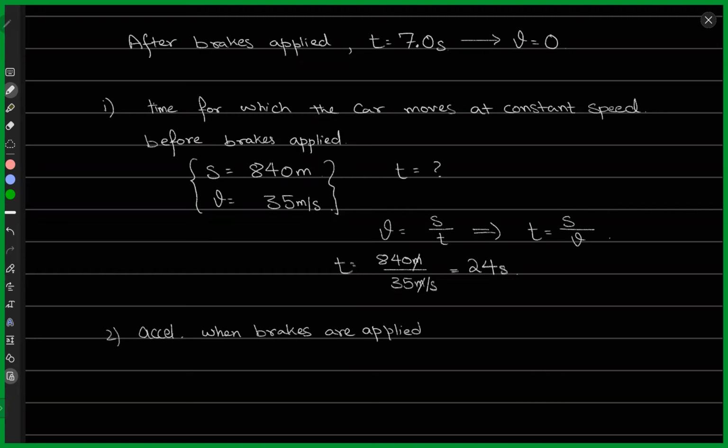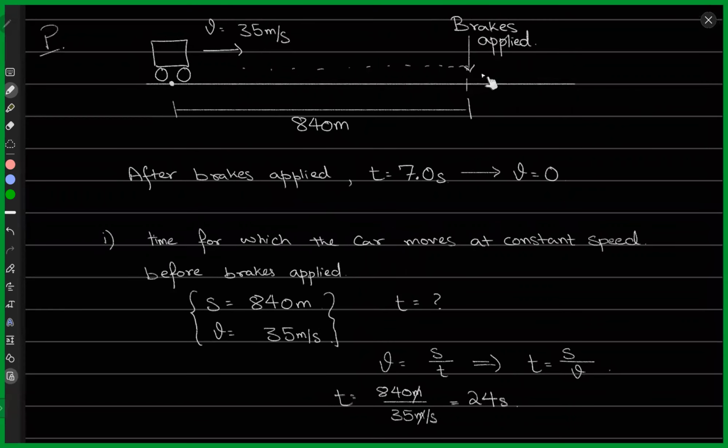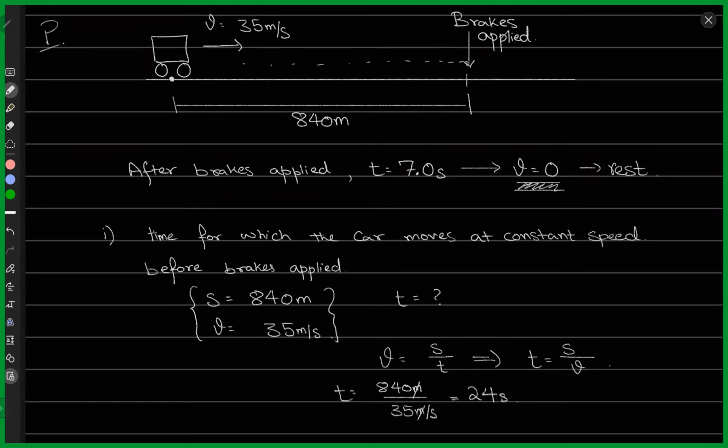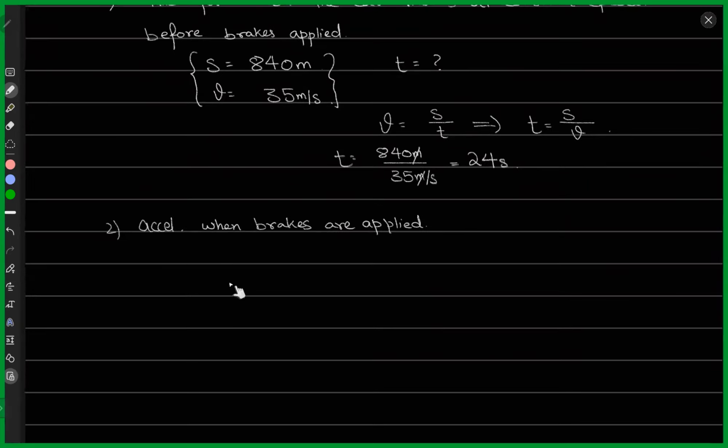So how do I do that? I know that as soon as the brakes are applied, the car starts slowing down. So we know that eventually at one point the car is going to come to a stop or come to rest, which means that the velocity would be 0. Now I know that acceleration is change in velocity divided by time.